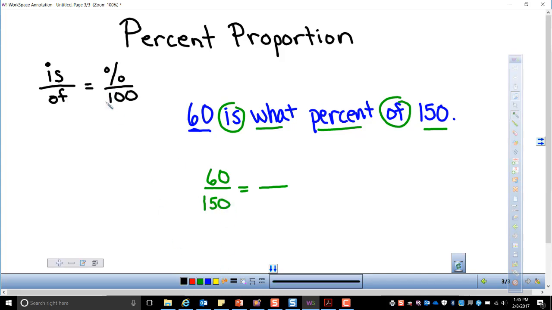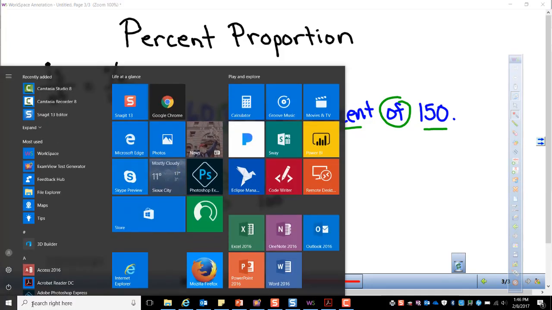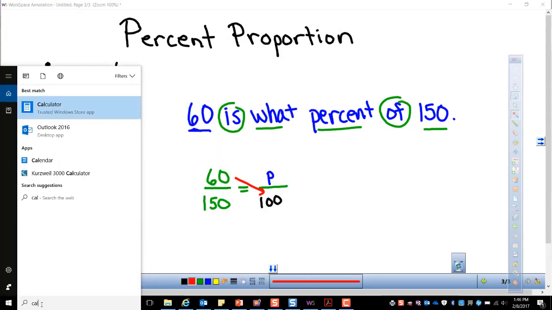On the bottom of this side is 100, always 100, and then we don't know this one, so I'm going to put a P for percent. Now to solve these, you multiply, so you're going to take 60 times 100, and you can use a calculator, so make sure you got a calculator.